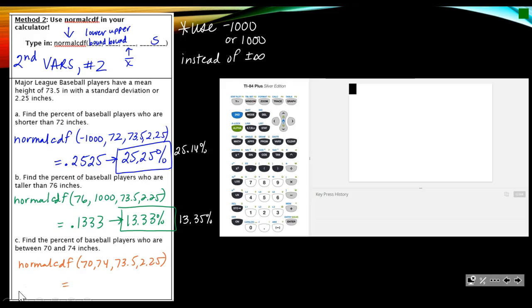And when you put this all into your calculator, you get 52.80, which translates as 52.8%. And then just as a reminder, we got 52.77% when we did this by hand.